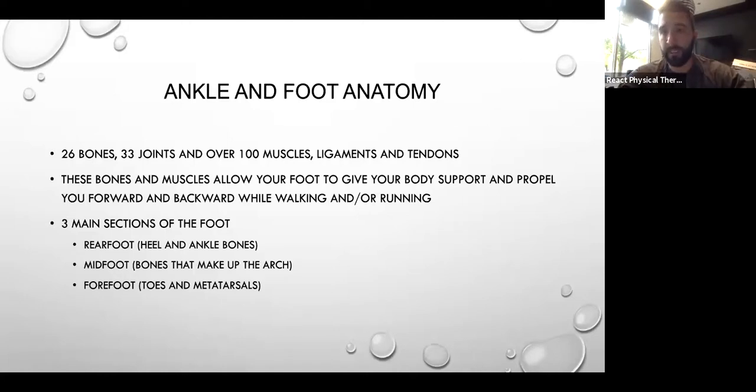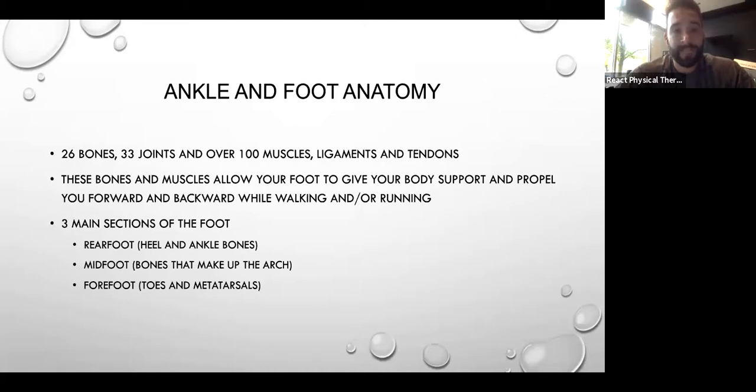When we're standing, running, or walking, our feet are the first point of contact with the ground. So if we don't have nice symmetry and balance between our feet, that's going to affect the forces as they run up our shin, our knees, and our hips, and why foot and ankle health is very important for not only function, but also for other joints in our body.